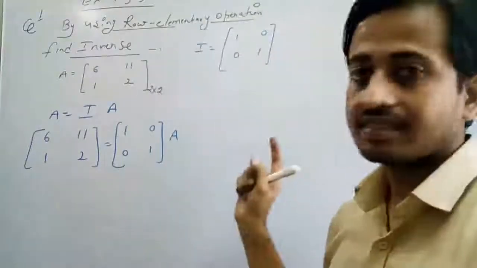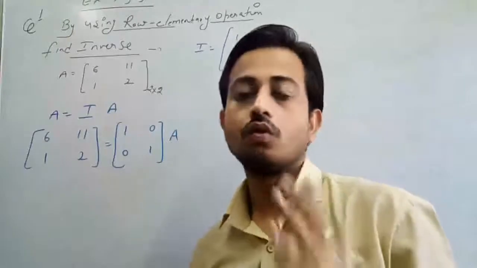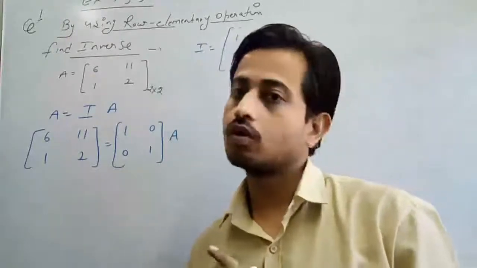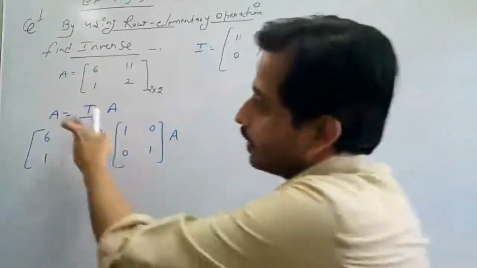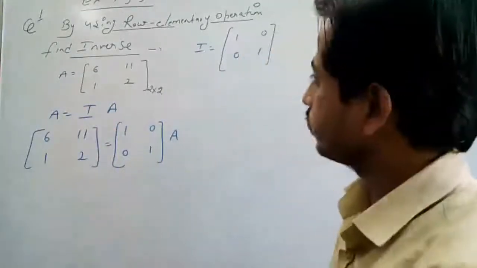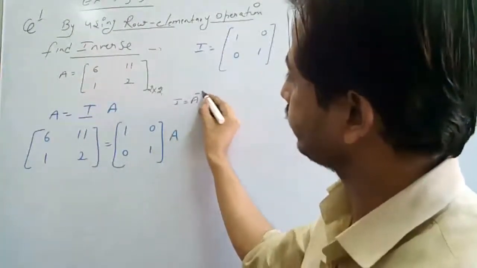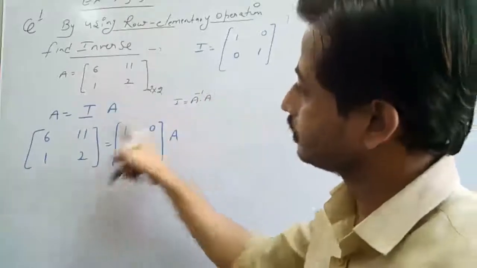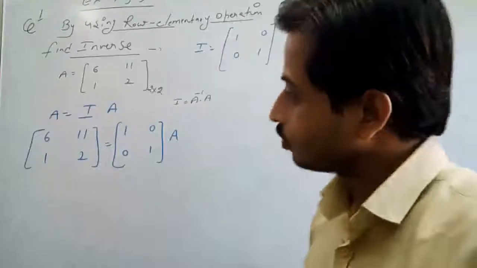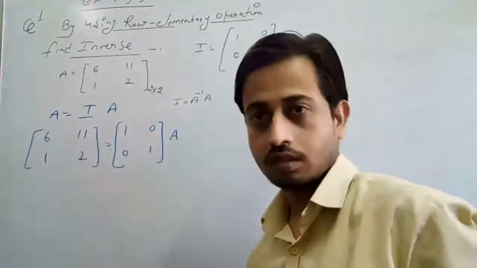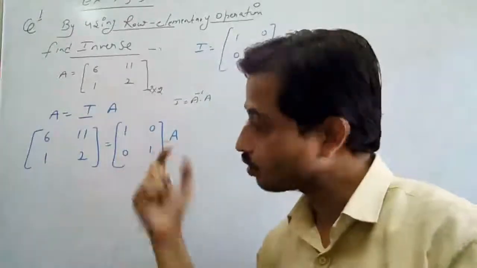Now I am going to take the same question but using column elementary operations. Now we have to do all operations on columns, not apply them on rows. I am writing the same concept, and we already know what we have to make: I is equal to A inverse into A. It means we have to make it the identity element, making the first element 1 using column elementary operations.